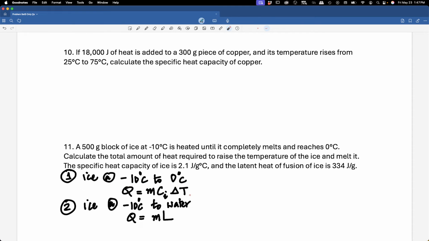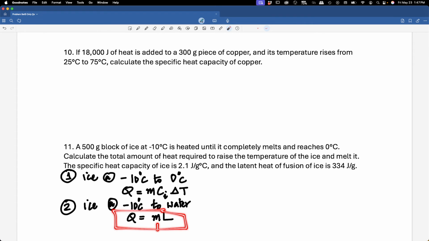And the formula used for that is what we've been using many times. That is mass times specific heat of ice, which is given there, times change in temperature. Once ice reaches 0 degrees Celsius, it begins to melt. So to find the heat required to melt it, you have to use this formula.